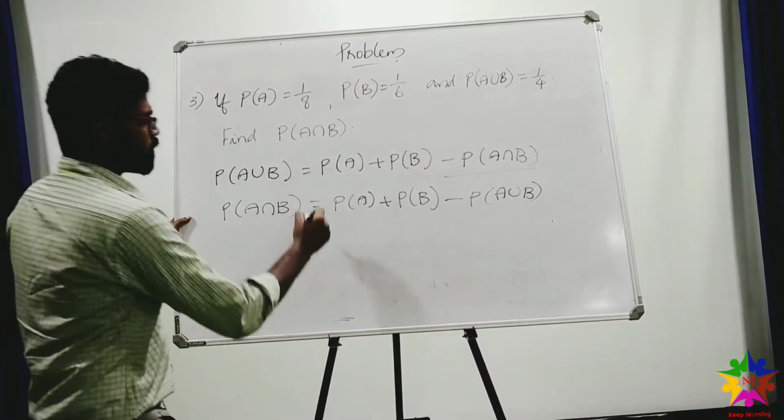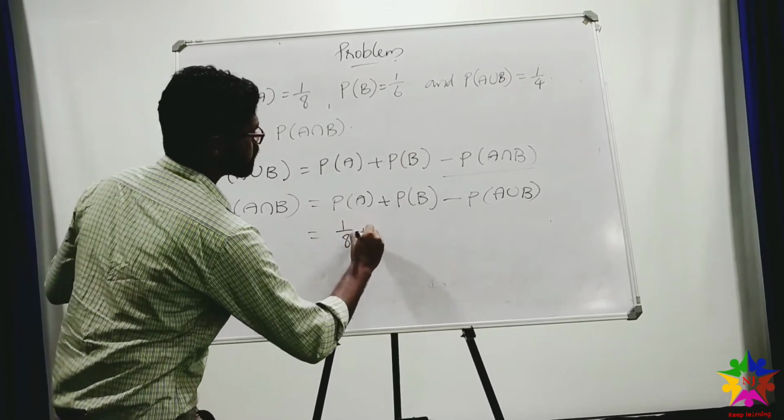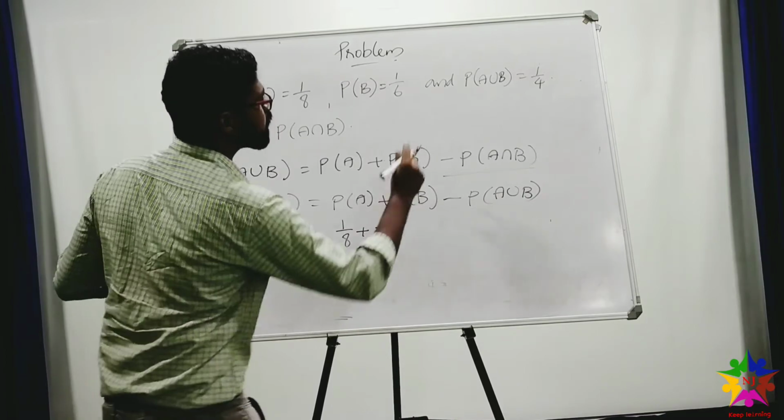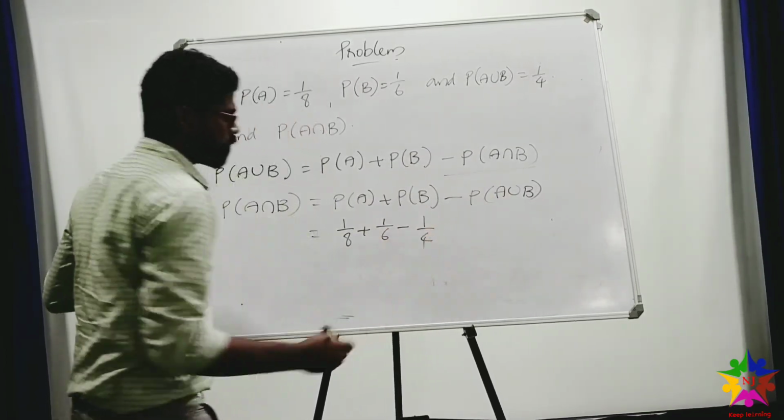So we have the values: probability of A is equal to 1 by 8 plus probability of B is equal to 1 by 6, and probability of A union B is equal to 1 by 4.